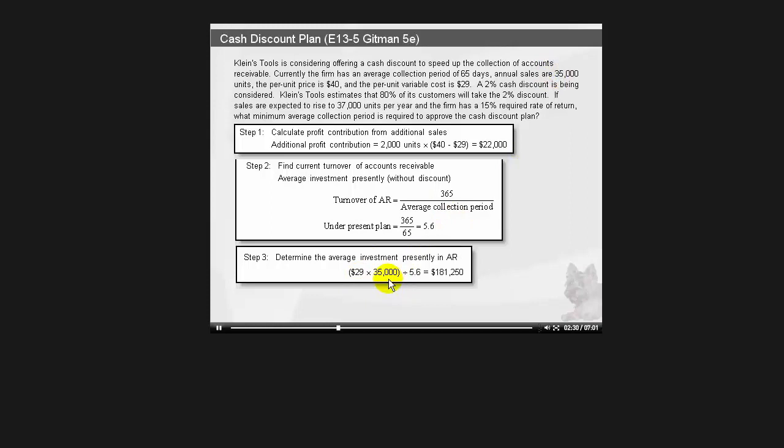And if we divide that by the accounts receivable turnover that we just calculated, which was 5.6, we calculated it right here in step 2, we're able to determine that the average investment currently in accounts receivable is $181,250.